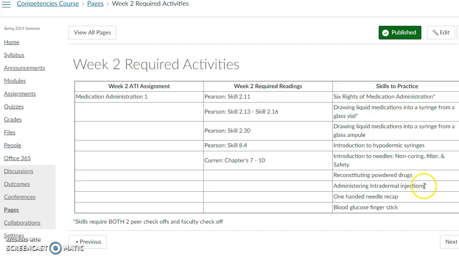And you should be practicing for checkoffs, the administering intradermal injections, and their 6 rights of medication administration. Now, there's not exactly a checklist for that, or there is kind of a checklist for that, but I just want you to get used to practicing that while you're practicing giving the injection.